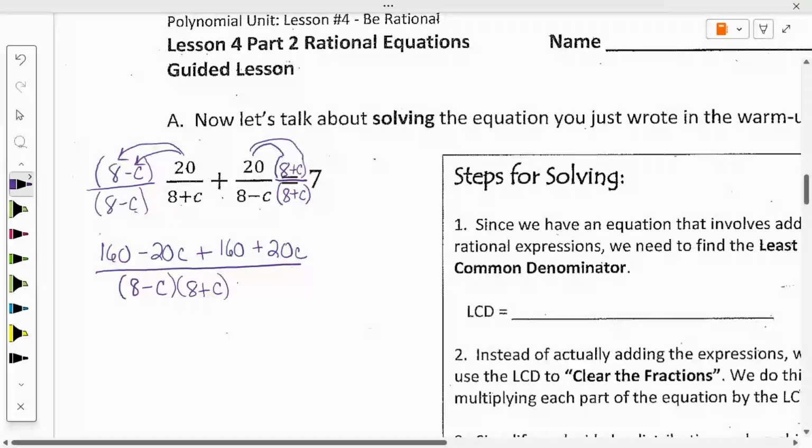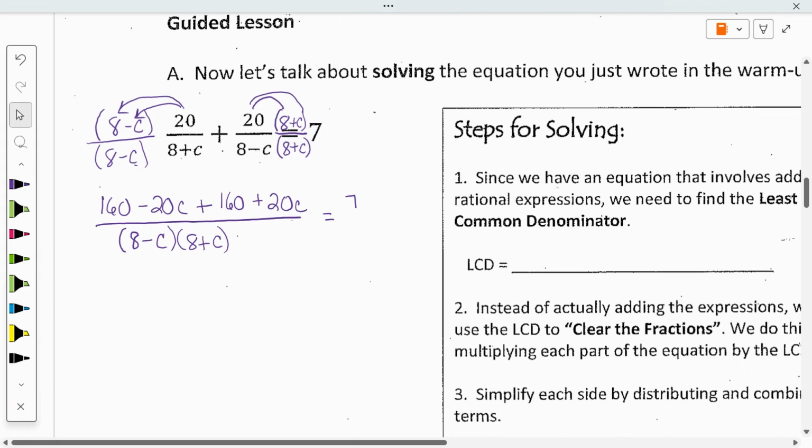Because that's what these end up becoming, right? Equals 7. Okay, so let's do some cross reducing first. I can get rid of those, right? So what does that give me? That gives me 320 over, I'm going to FOIL this out.